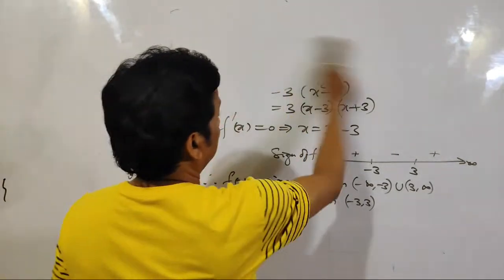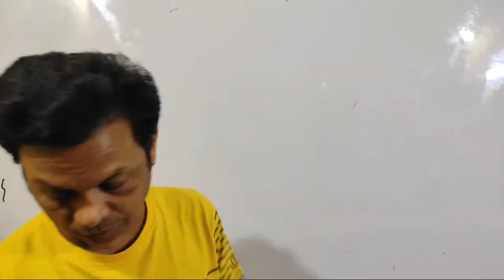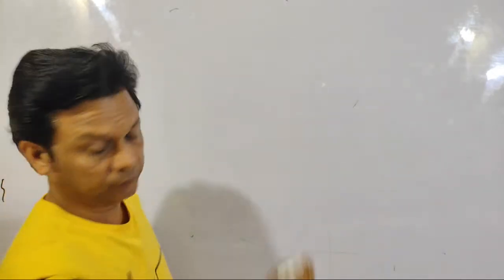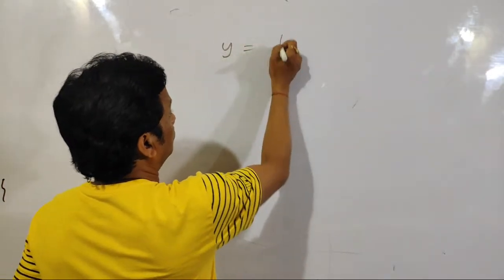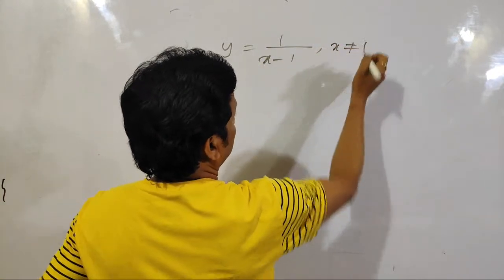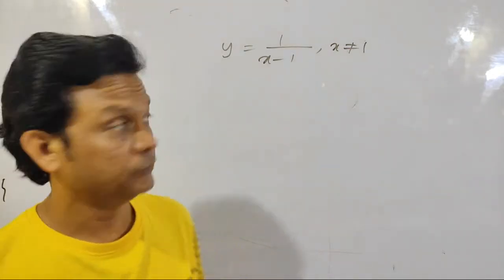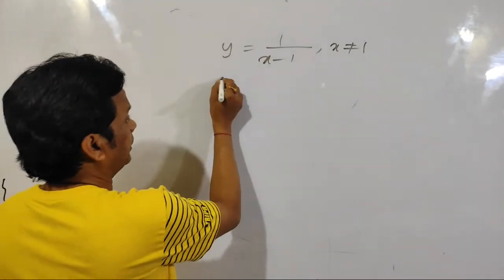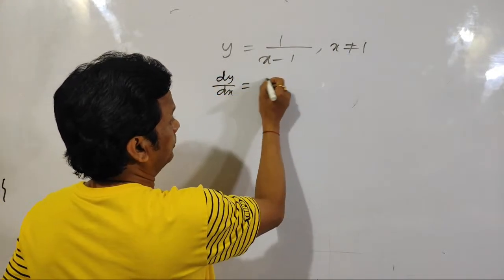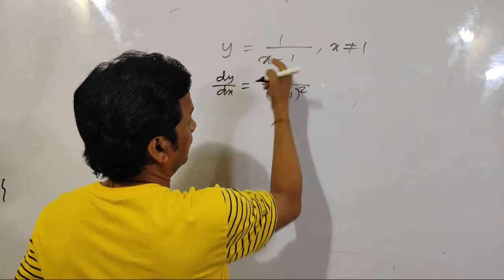Another question, see here. y is equal to 1 by x minus 1, comma x is unequal to 1. Okay, so find the derivative dy by dx. It is minus 1 by x minus 1 whole square into derivative of x minus 1, which is 1.